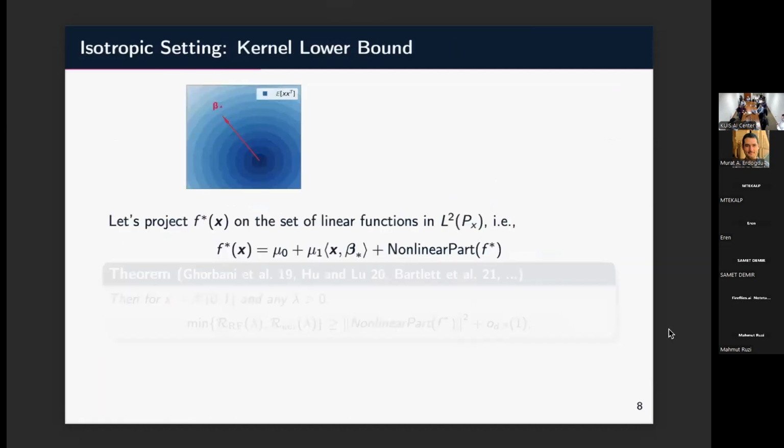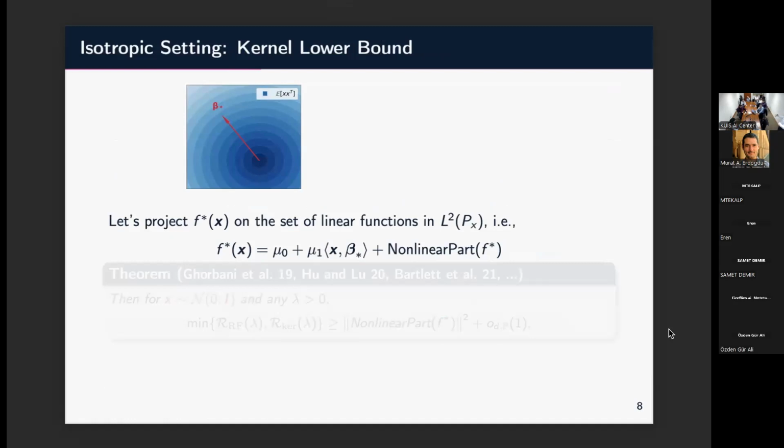So I will make a stronger statement on the kernel method. This is going to be a very precise baseline for neural networks to succeed. Here is a setting in the isotropic case. Take a function f star, the function you're trying to learn, and write it as a linear function plus its nonlinear component.